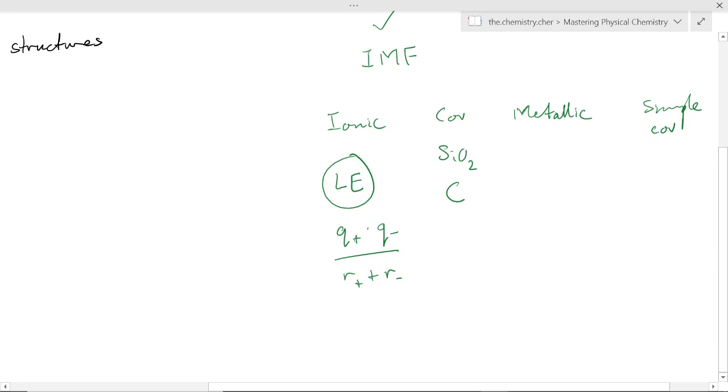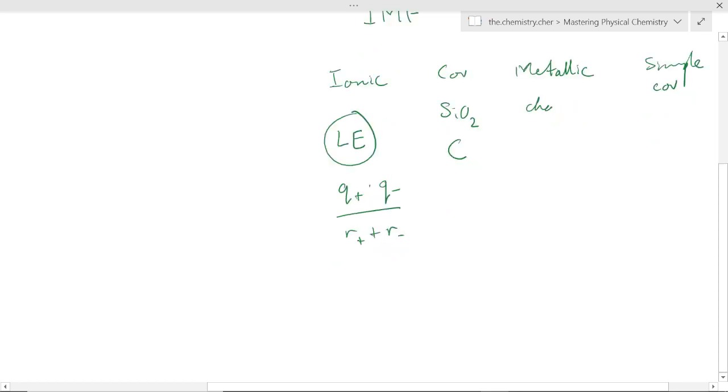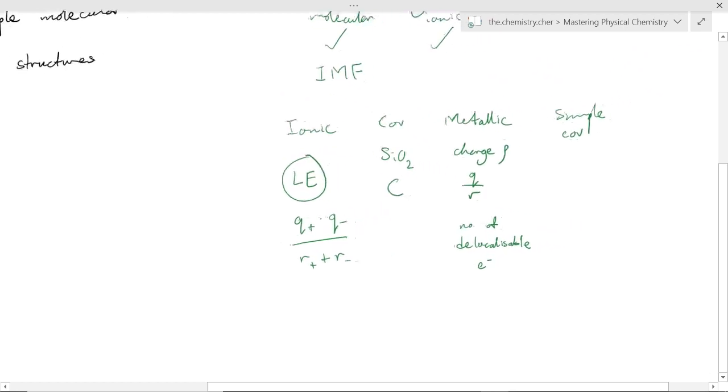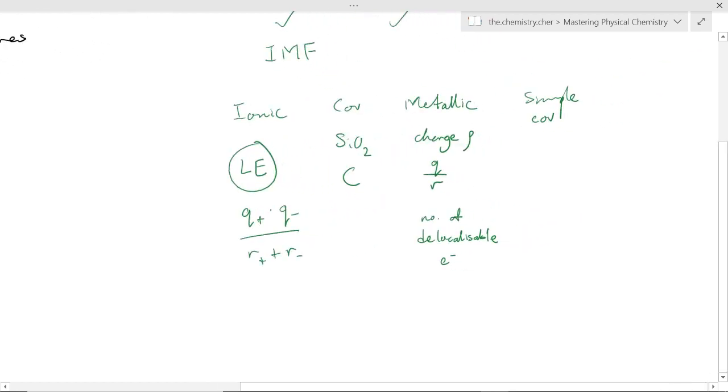And for the metallic compounds, you simply have to look at the charge density of the cation, so it's Q over r, the charge over the radius, and the number of delocalizable electrons. The number of valence electrons that are delocalized will affect this sea of delocalized electrons and hence the metallic bonding.